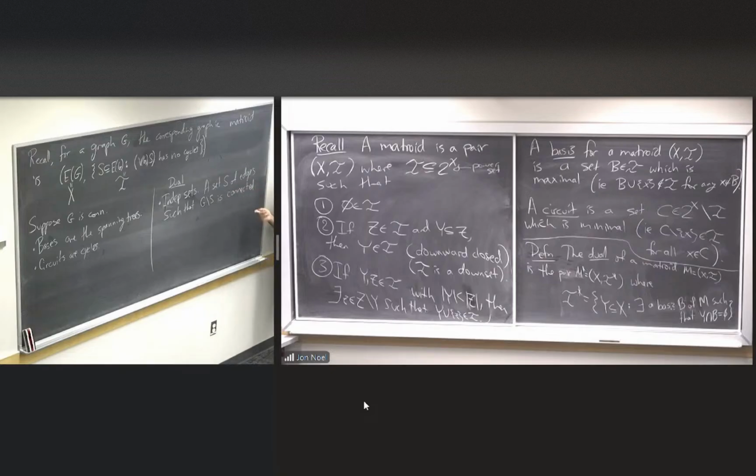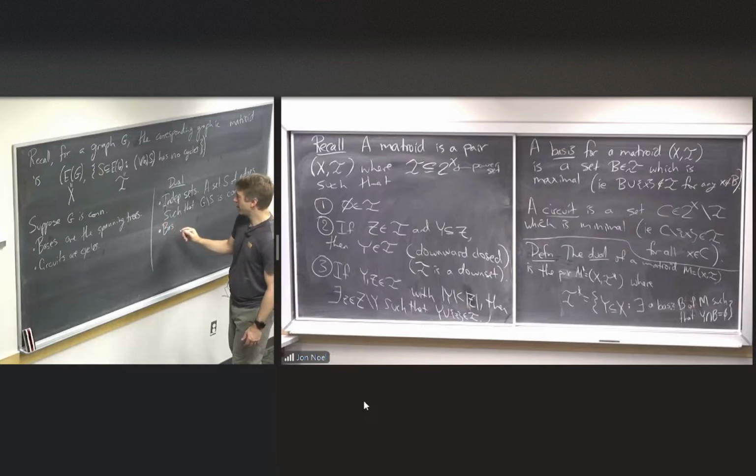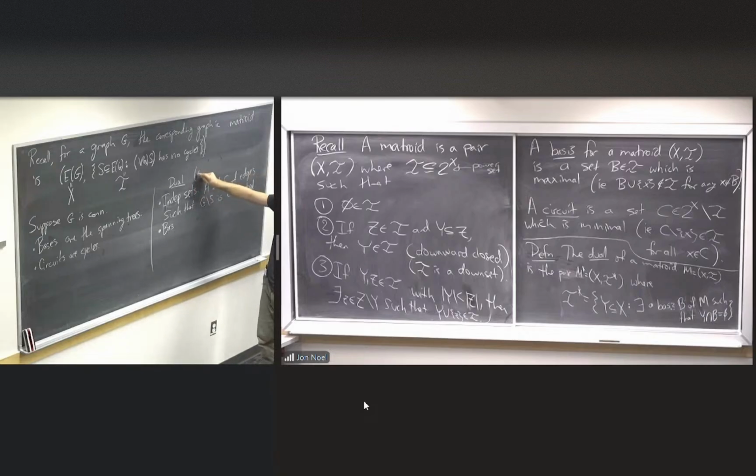Because it's the sets of edges that are disjoint from at least one spanning tree. So it's things that I could delete, and the graph stays connected. So then the bases would just be, oh, by the way, the dual of a graphic matroid is called a co-graphic matroid, so these come up sometimes.